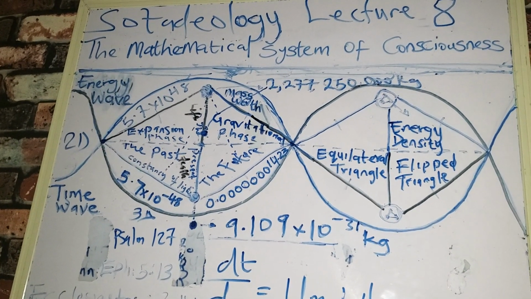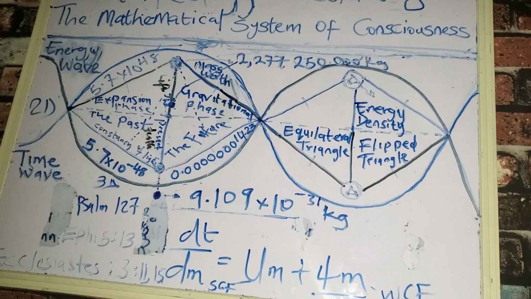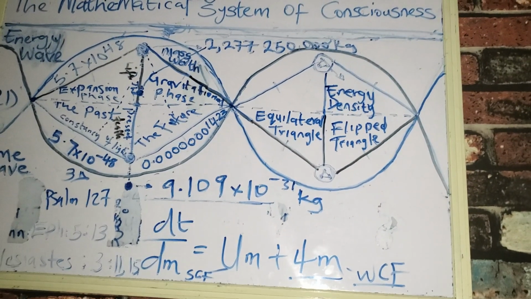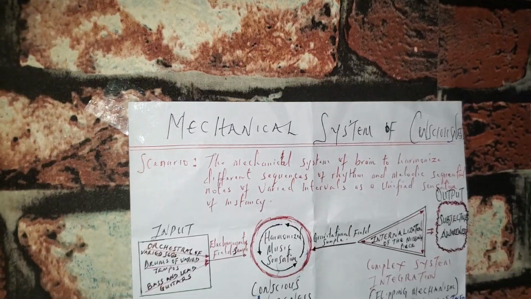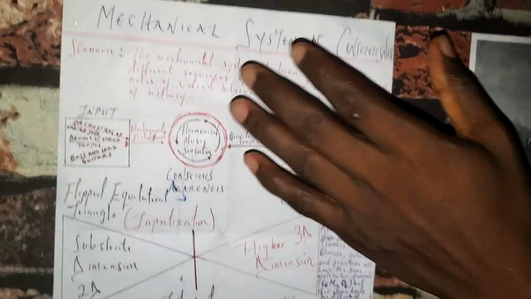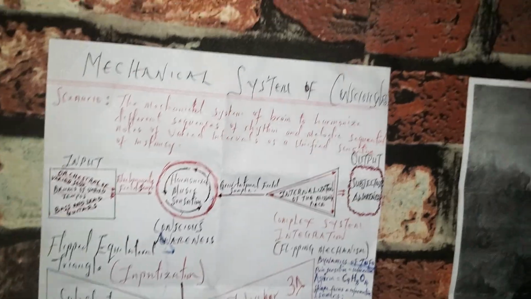But now, for us to get the picture of the fact that consciousness is not void of matter, let's quickly get back to this scenario so that you can see the real picture of the internalization and all that. Now, in the previous video, I used this diagram.